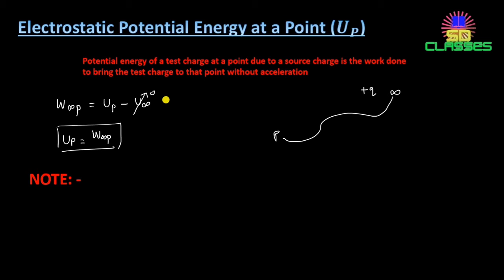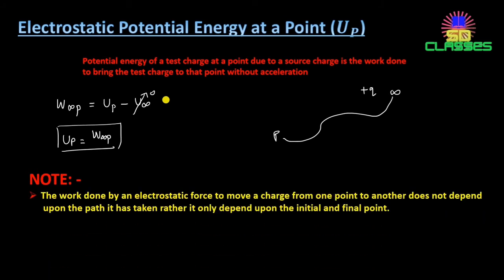Next we have some notes. These are the points that we should consider while bringing the plus Q charge. First of all, when the plus Q charge is brought from infinity to any point, the path is not important. That means whatever path you take, the path is not important.